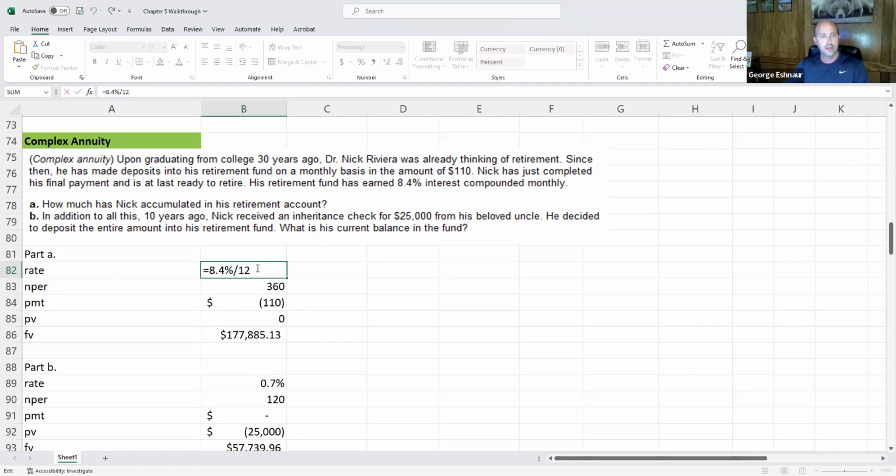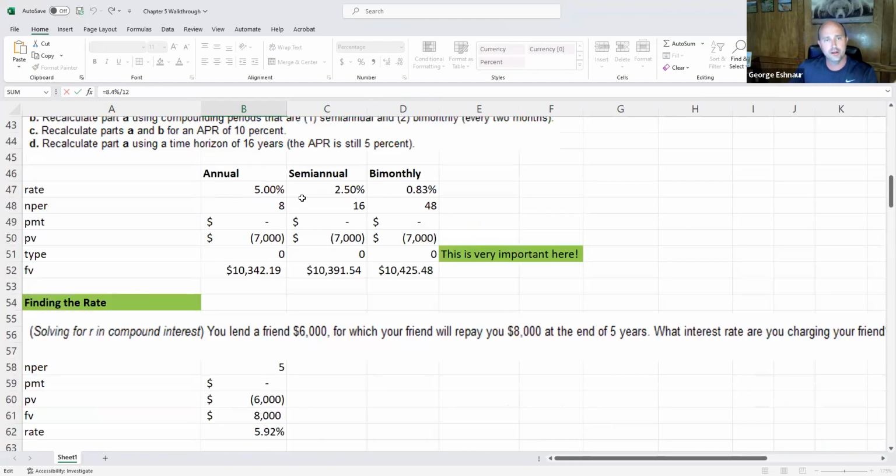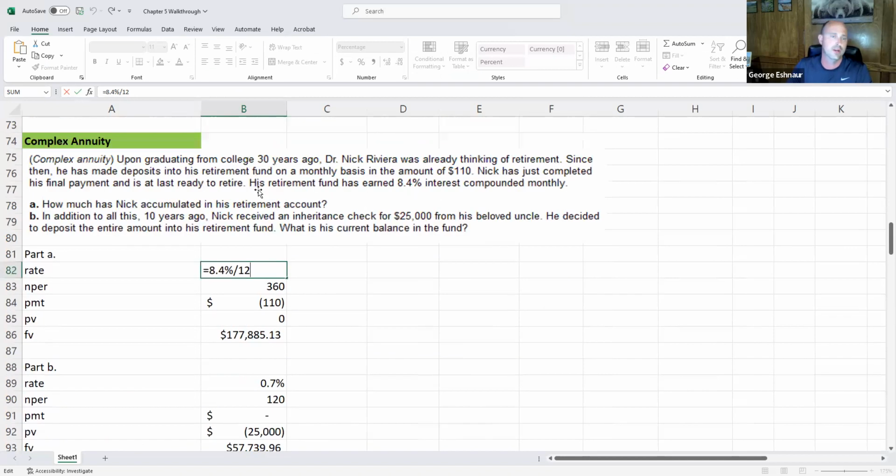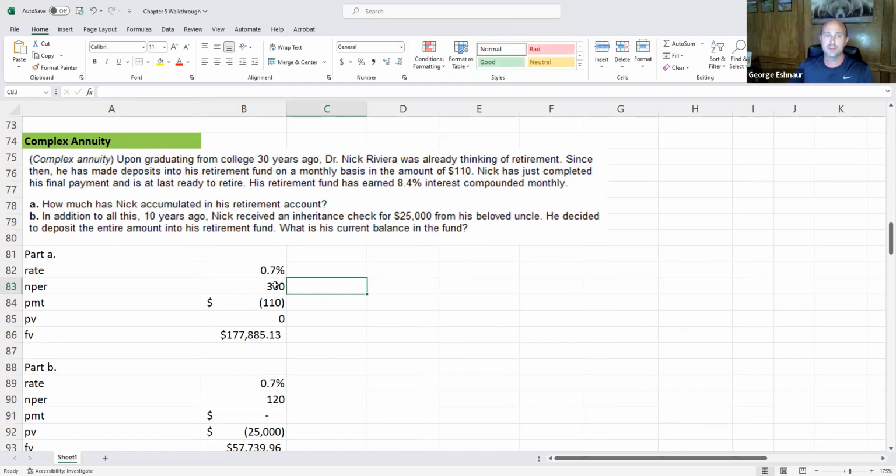So again, very similar to what we did in the problem above right here, where we took the annual rate, divided it by either 2 or 6, but this one says monthly. So we divide the interest rate by 12. If we do that, then we must also multiply the original 30 years by 12 months, okay? So that increases our number of periods to 360.